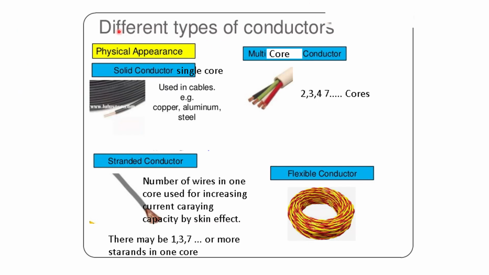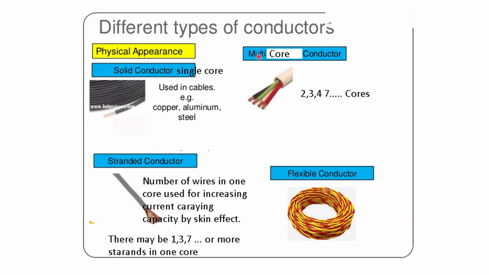Friends, now we are discussing different type of conductors or cables or wires. First one is solid conductor single core, used in cables, copper or aluminum. This one, single PVC cable, single strand.